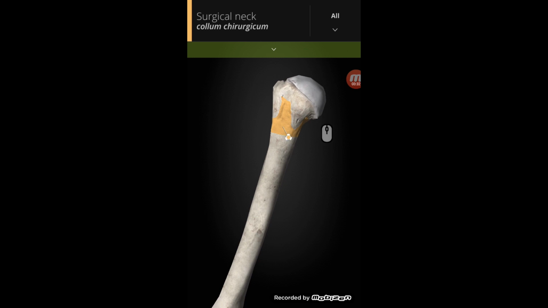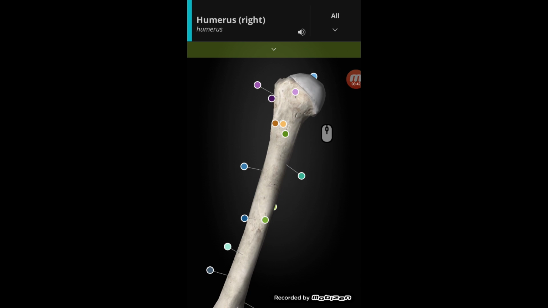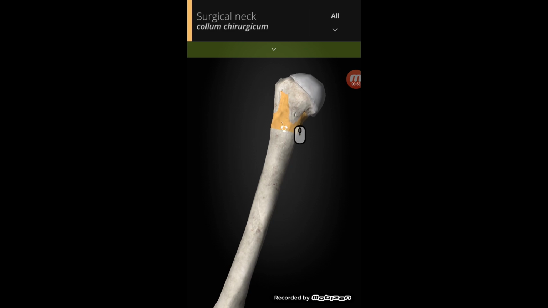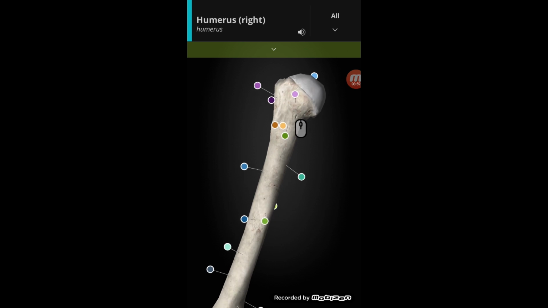Actually we have three necks of the humerus. One is the morphological neck, the second one is the surgical neck, and the third one is the anatomical neck. So we will discuss. Here we have the surgical neck, just here, the one I have shown. Here there is an epiphyseal plate.